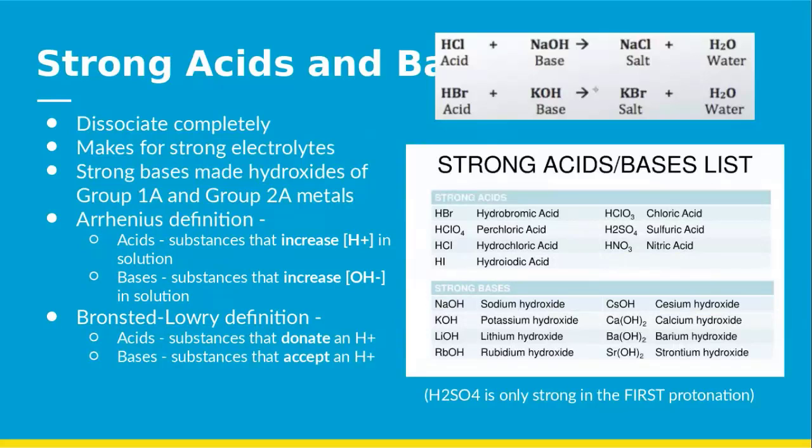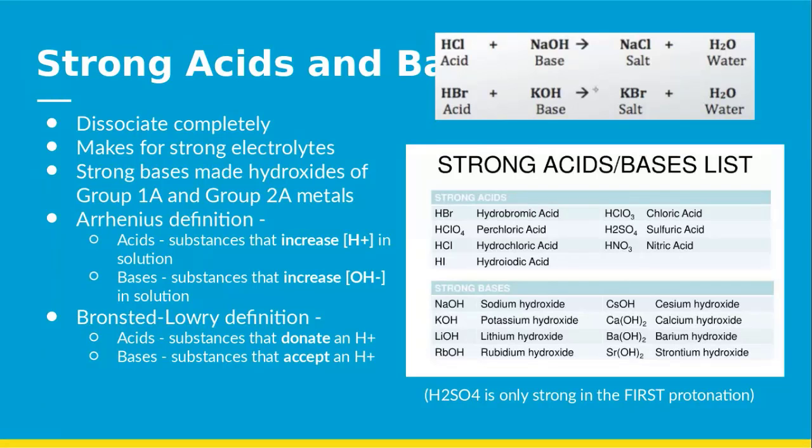Okay. So strong acids and bases. Like I said earlier, they are strong electrolytes, so they will dissociate completely. The strong bases are typically made of group 1A and group 2A metals.